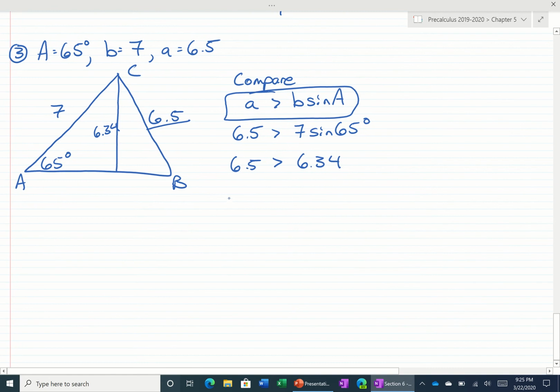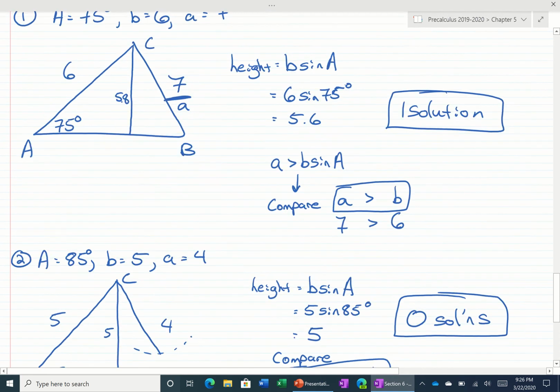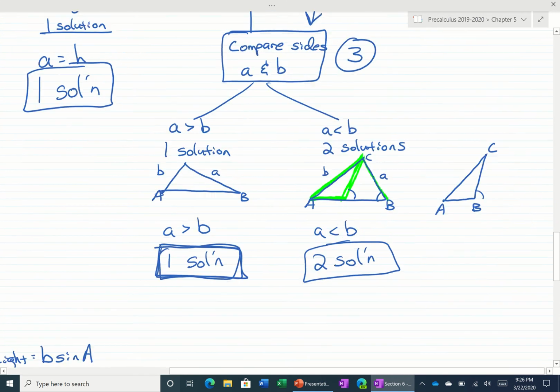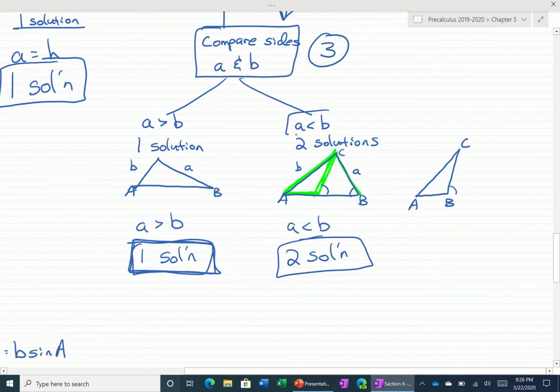For this triangle, if we compare sides A and B, side A is 6.5 and side B is 7. A is actually smaller than B. So let's see what that means. We'll go back to the chart, and if A is smaller than B, there's two solutions.